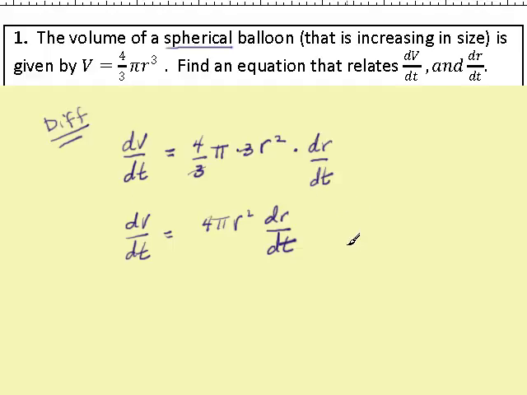If we examine this equation for a minute, we see that as the radius gets larger, dV/dt gets much larger, because of this r squared. If we compare dV/dt for radius 10 and for radius 100, it'll be much larger for radius 100 because of this r squared factor right here.